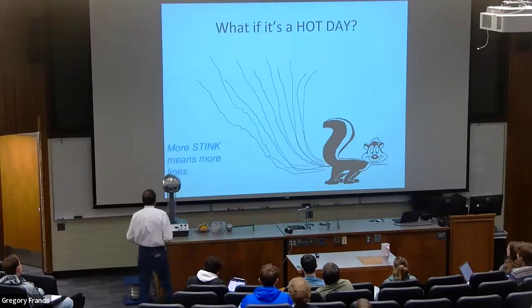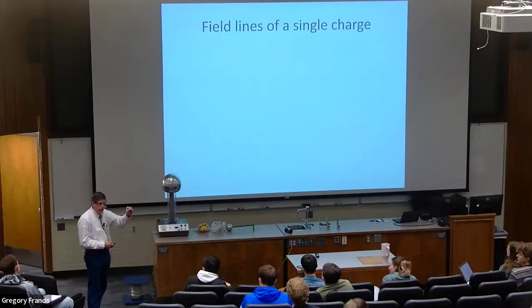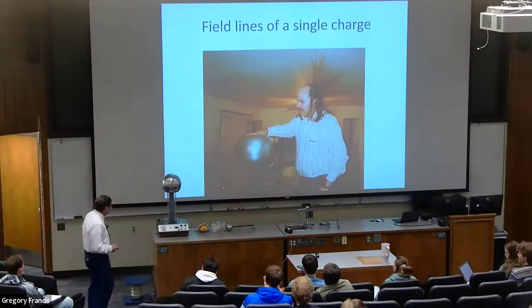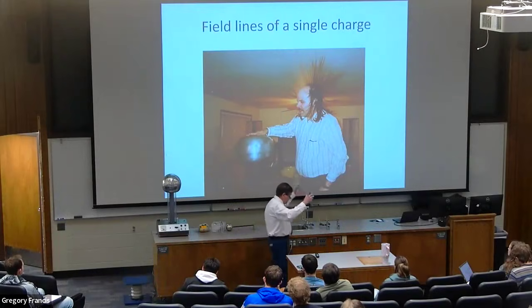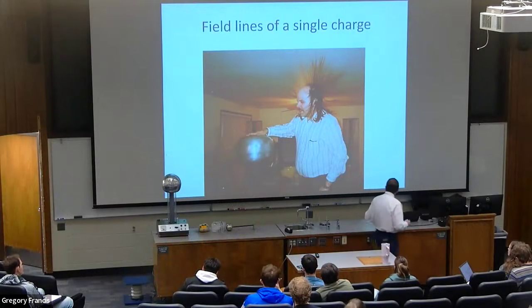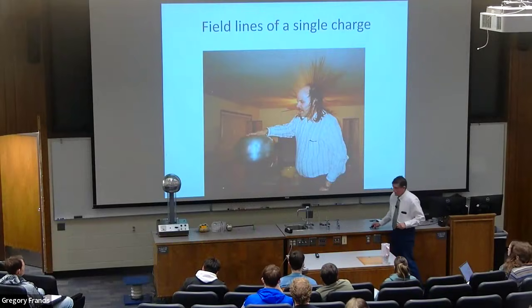Now, if I just have one charge and it's a point charge, it's spherically symmetric, the electric field is going to be radially outward. And so this is kind of a representation there.